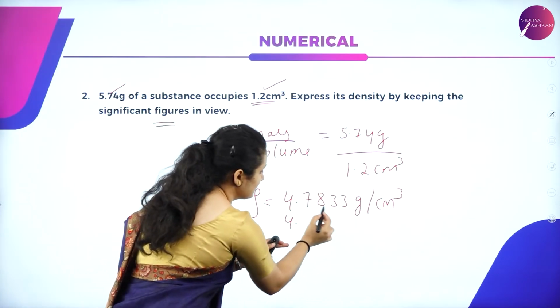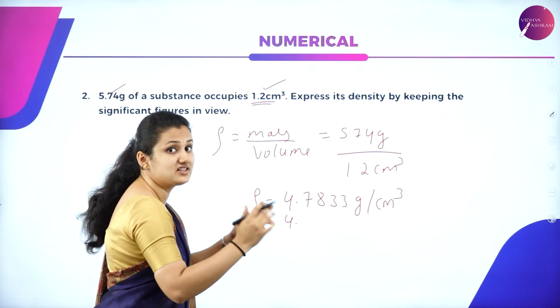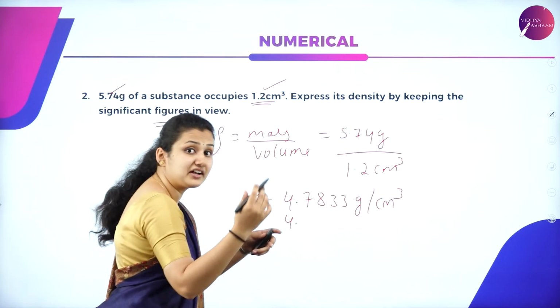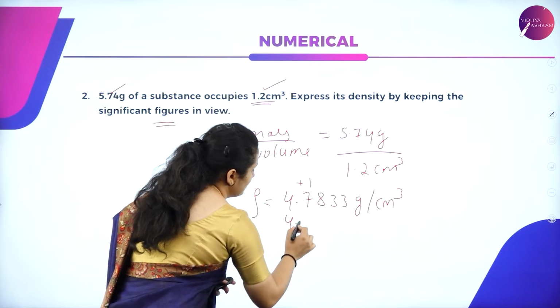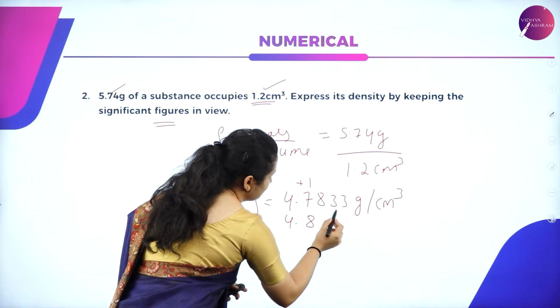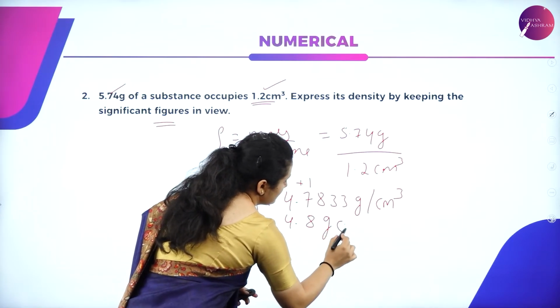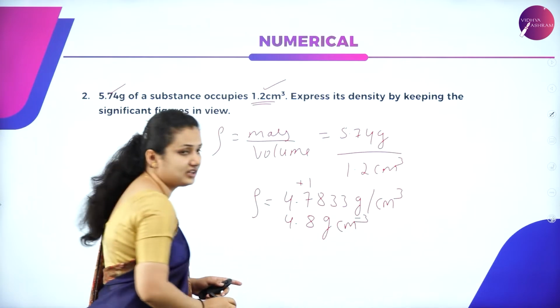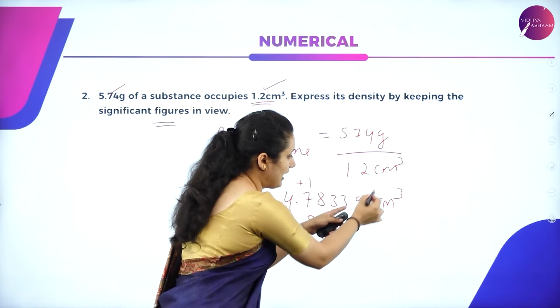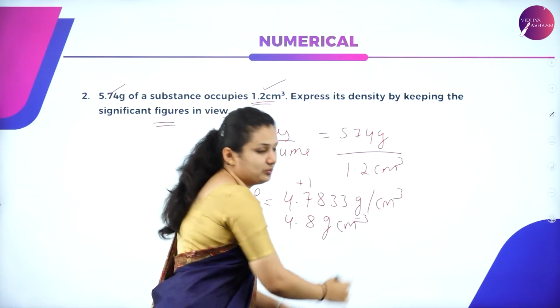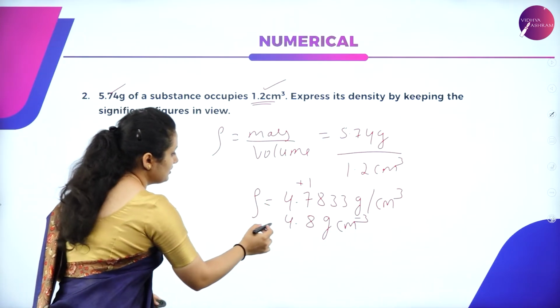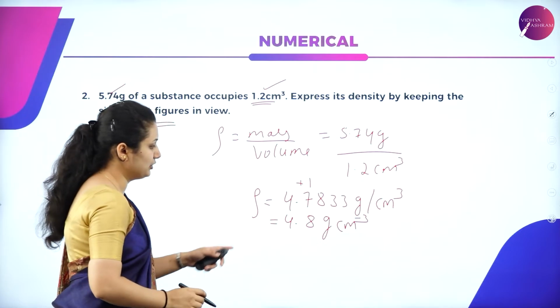After point, consider these two digits. 8 is greater than 5. So, preceding term will be raised by plus 1. It is 4.8 gram per centimeter cube. Either you can write gram per centimeter cube or gram centimeter to the power minus 3. Both ways are right.